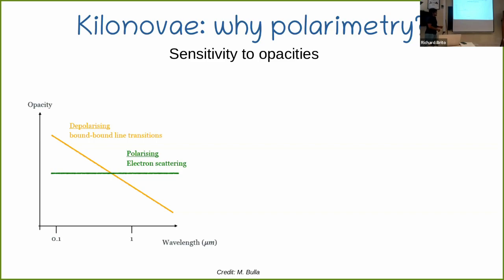So the opacity is telling you how much of the light is being absorbed by the elements. And we know that the opacity of electron scattering, Thomson scattering, as I was saying, is pretty much wavelength independent. But for the atoms, the bound-bound line transitions, meaning atoms taking photons, right, going from one level to another, this is going to be stronger in the blue, okay? So you're going to have much more opacity in the blue.